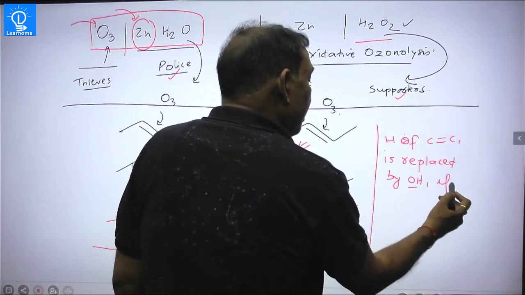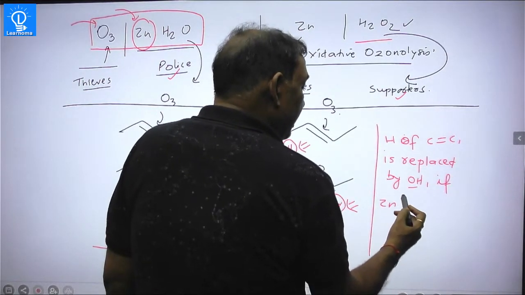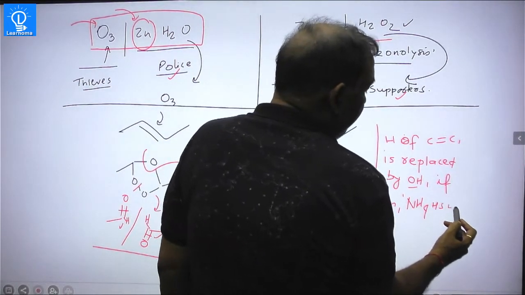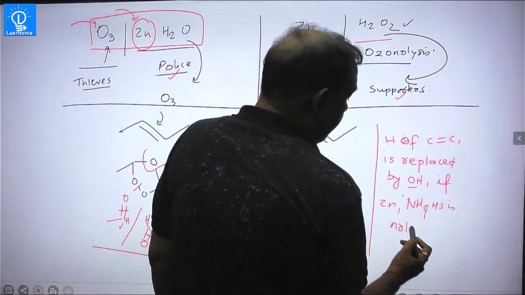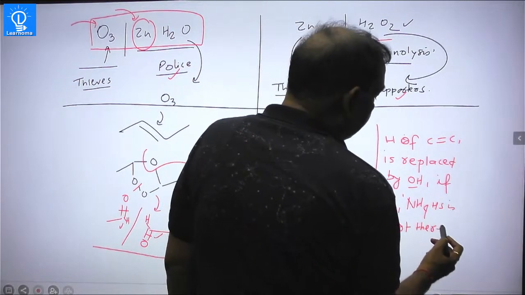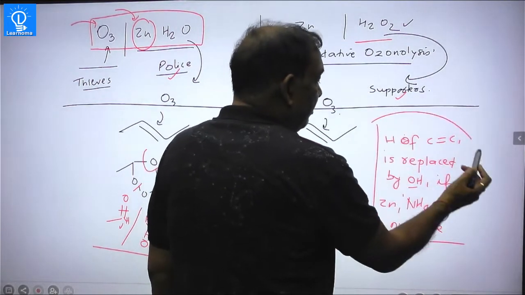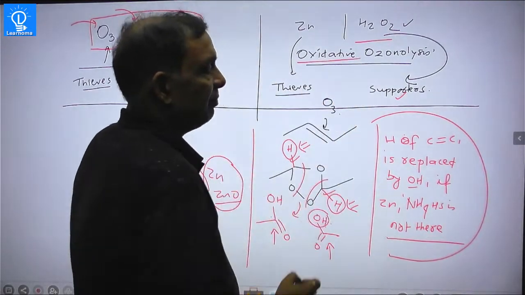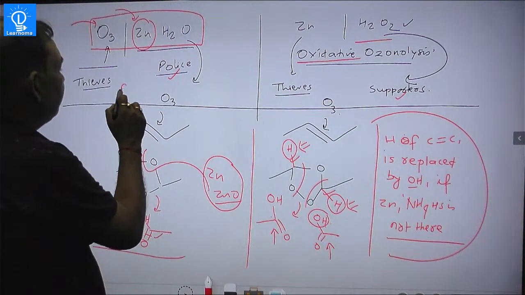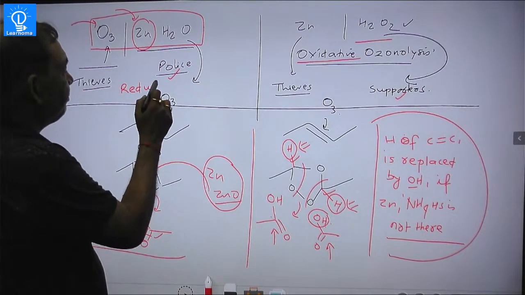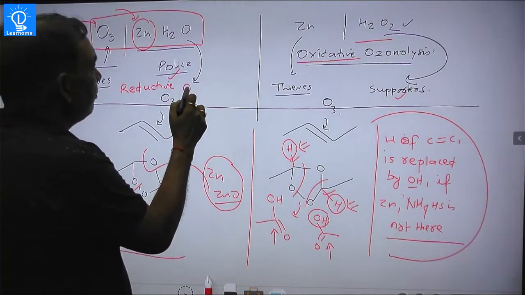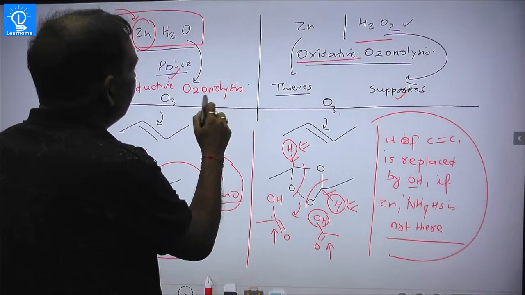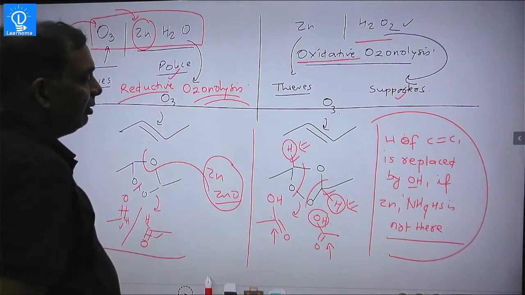If zinc or ammonium sulfide is not there, this is called oxidative ozonolysis. With zinc, this is called reductive ozonolysis. How to see reductive and oxidative? This is the technique.